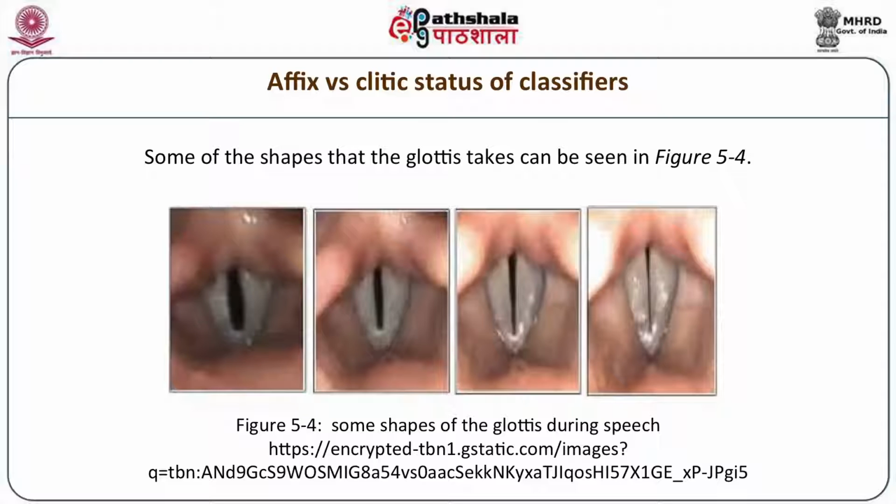Now this whole thing is manipulated with muscles of which the vocal folds are made and which surround the vocal folds. There are two types of muscles and cartilages that control the movement of the vocal folds and the larynx. One type is responsible for the vertical movement of the vocal folds.